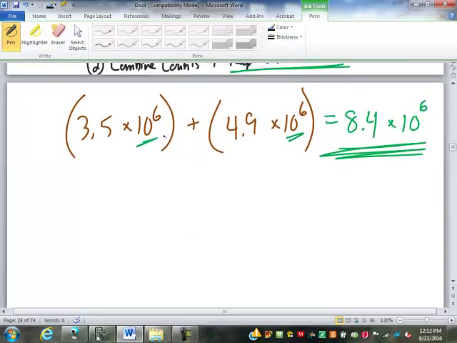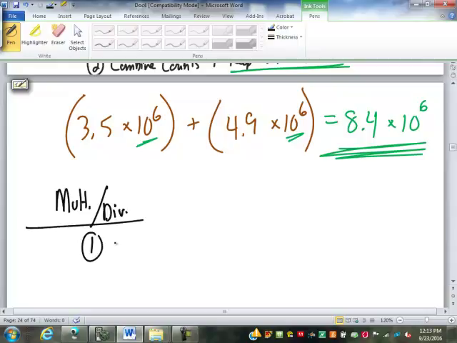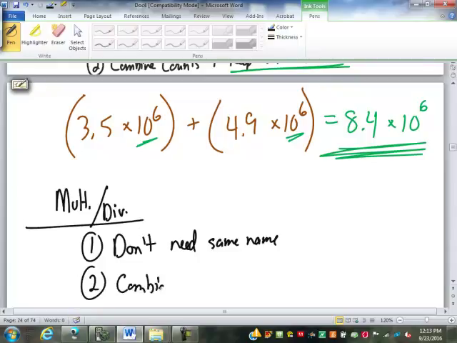When I multiply or divide, one, I do not need the same name. And second, I'm going to combine the counts.